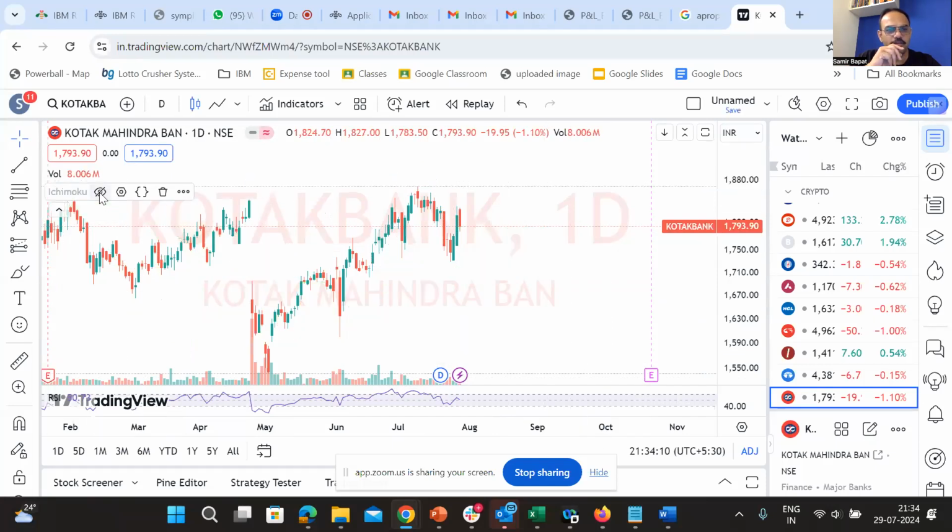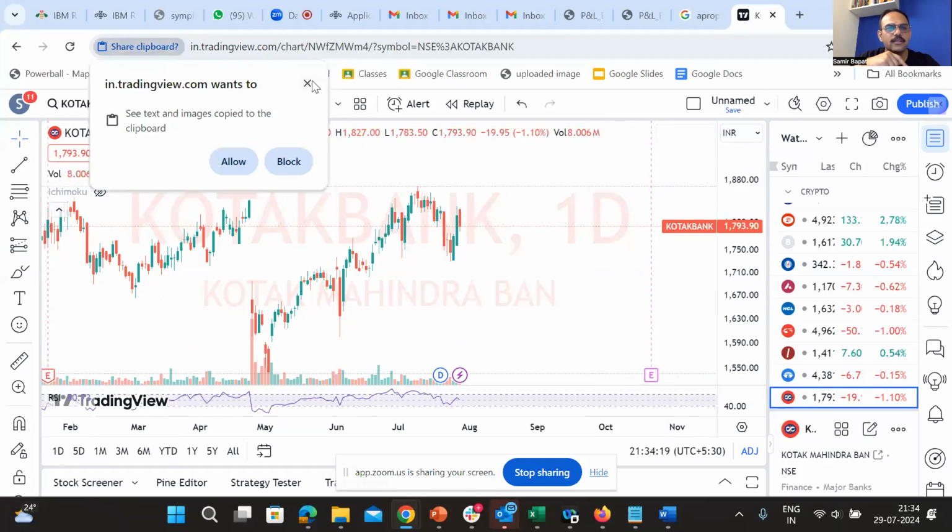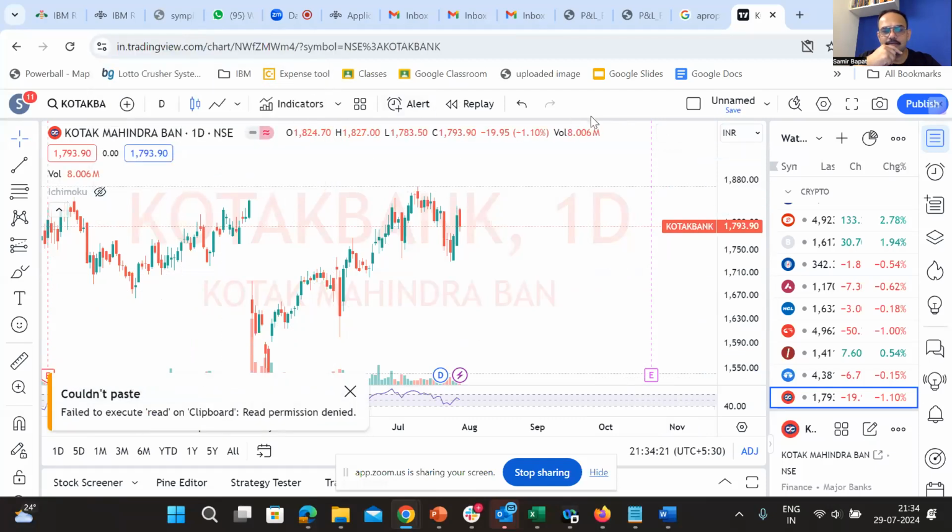Hide Ichimoku. Now go to settings, right click here, go to settings. You are not able to see the volume because of that indicator.